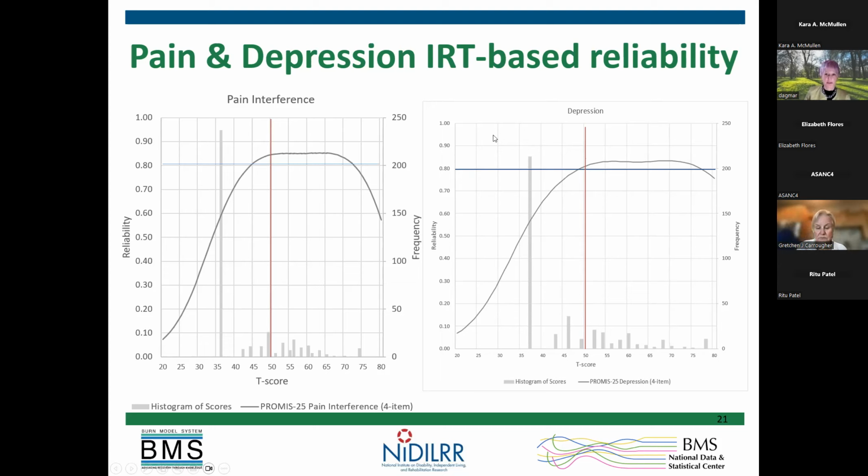We don't really have to worry about people who have very little depressive symptoms, but we're doing a good job measuring people with sufficient reliability from about the mean level to 2.5 standard deviations above the mean. So that is very good coverage in the area of the continuum that is very meaningful for clinical purposes.